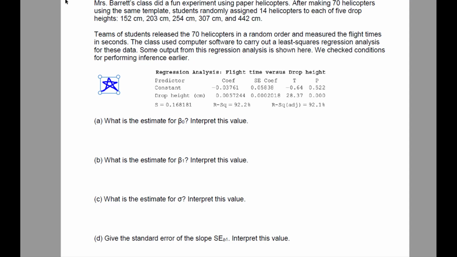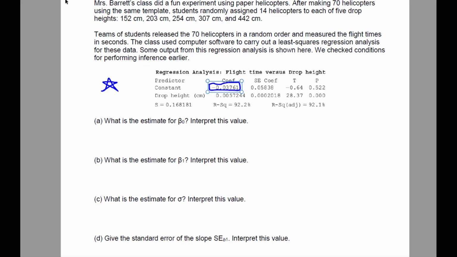So first off, what is the estimate for your b sub 0? Well, your b sub 0 is your y-intercept, and that's always going to be this first number right here, your constant value under the coefficient column, okay?